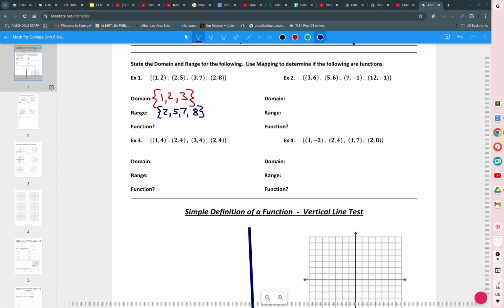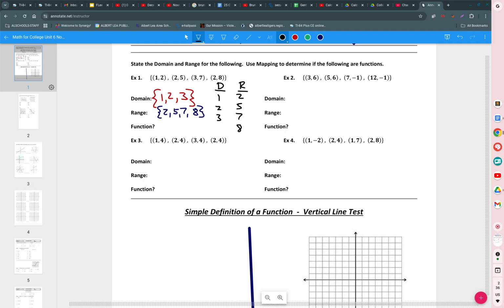I'm going to do a mapping exercise here to see whether or not this is a function. I have my domain and I have my range. 1, 2, and 3 for the domain. 2, 5, 7, and 8 for the range.